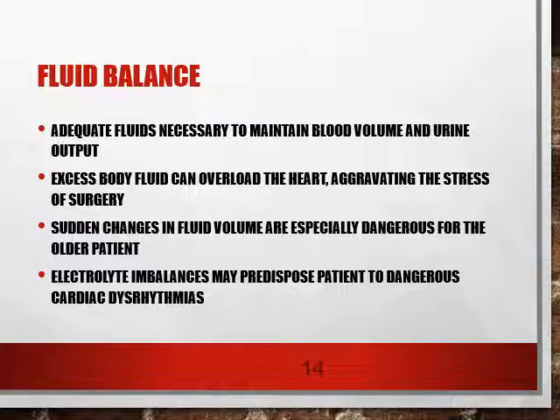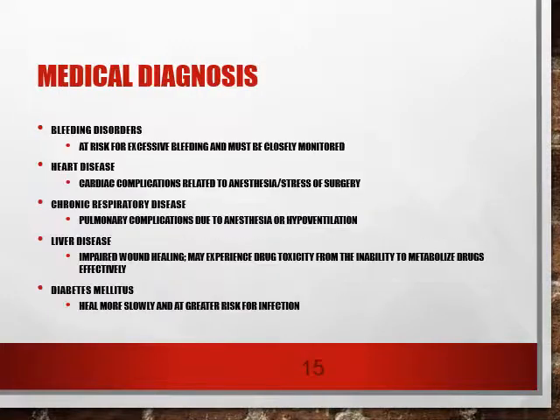And it can lead to cardiac dysrhythmias. So if they have a loss of fluids, they might lose electrolytes, and then they're going to be hypokalemic. So then, as a nurse, you have to watch the labs so that you see how their electrolytes are.